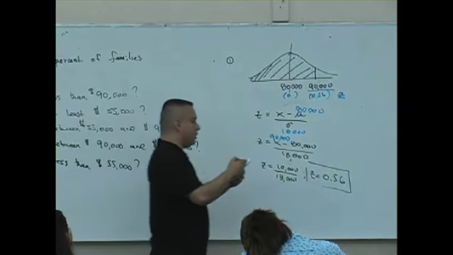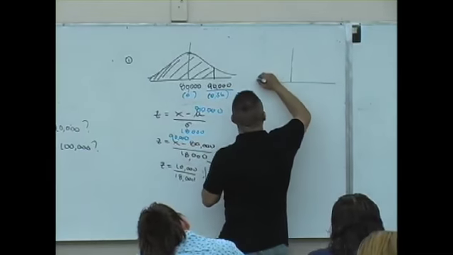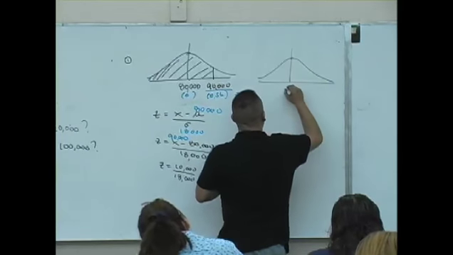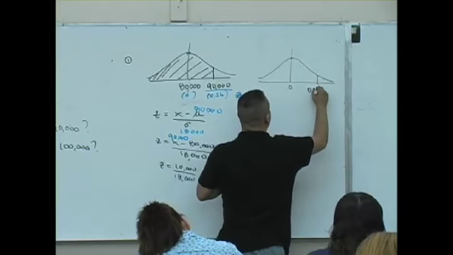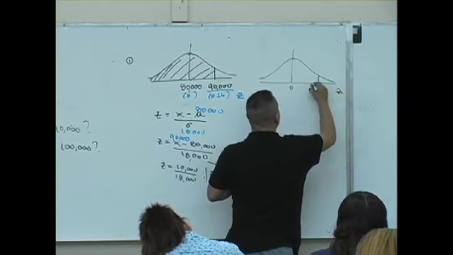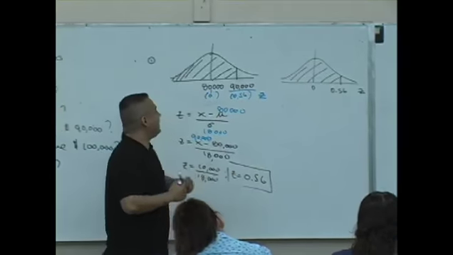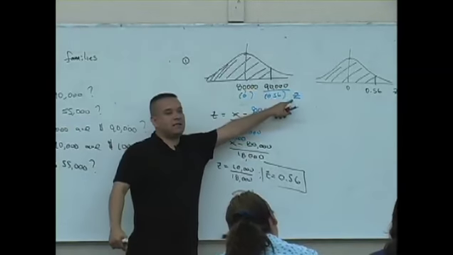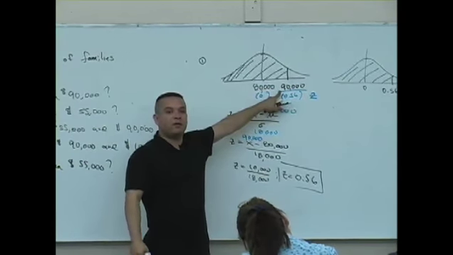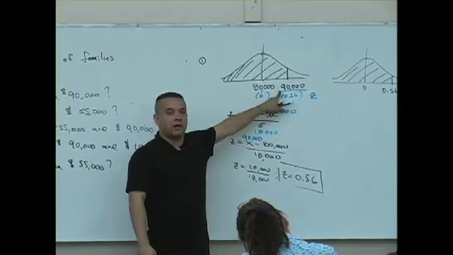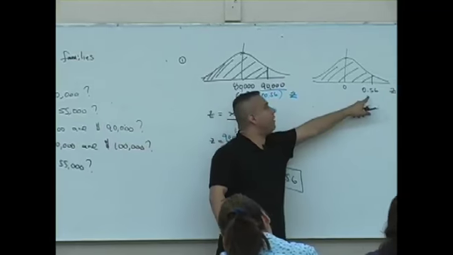So the z-value picture that you have now is 0 to 0.56 as a z-value, and everything to the left is shaded because 90,000 is 0.56 as a z-value. Remember you converted x values before? We're converting 90,000 to a z-value. Here it's 0.56.